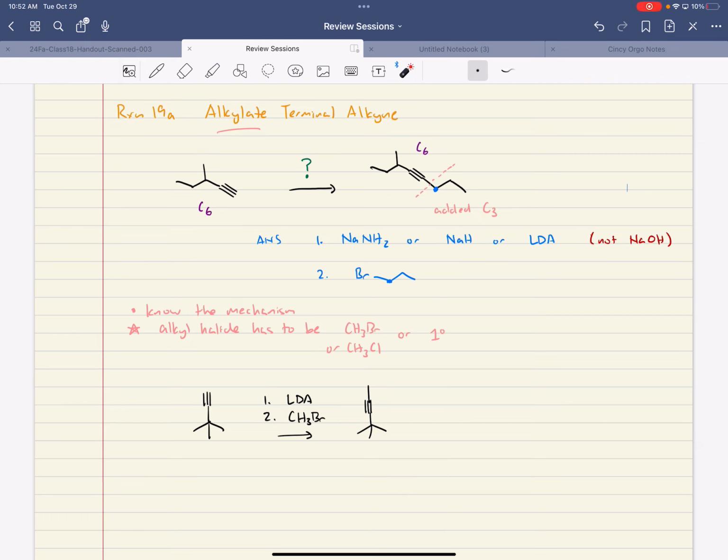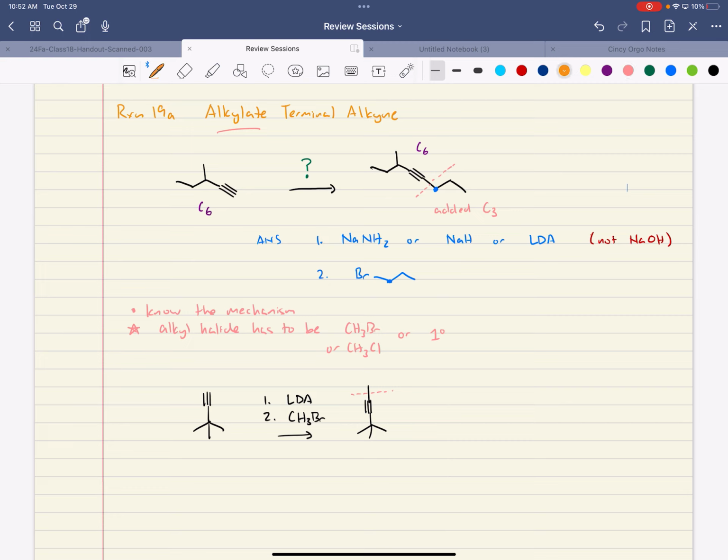People really have no problem with this, but when they get too small, they're not exactly sure how to deal with that. It's just that. See, there's your added carbon. If you wanted to draw the dotted line, well, the dotted line is right there. Okay? That is alkylation of a terminal alkyne.